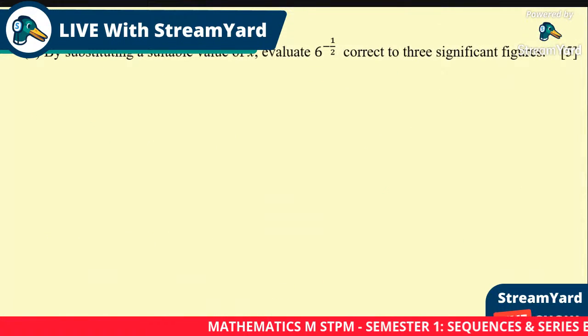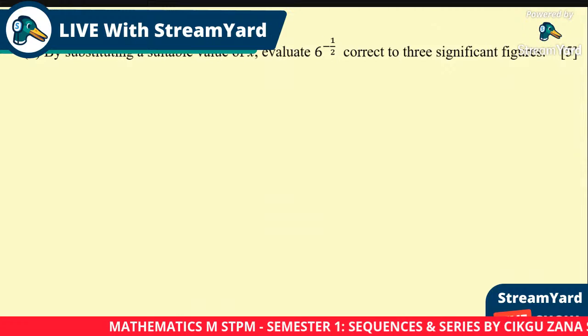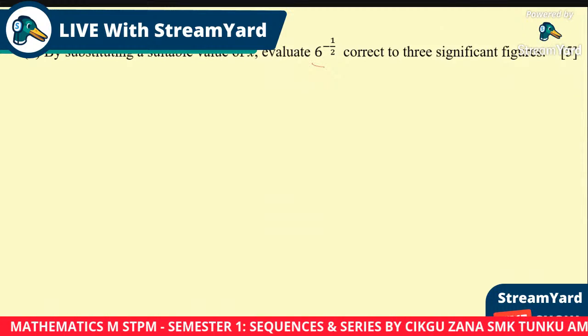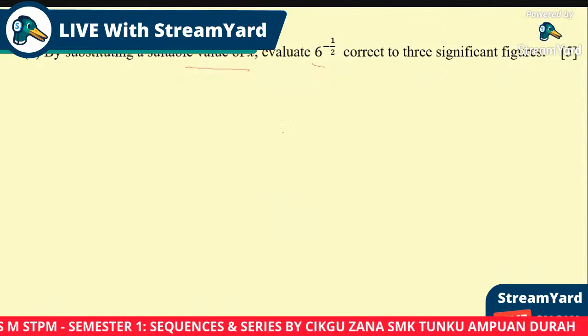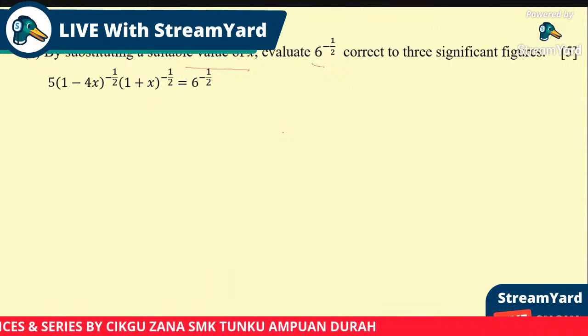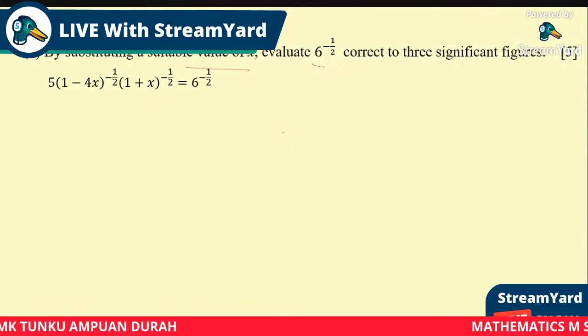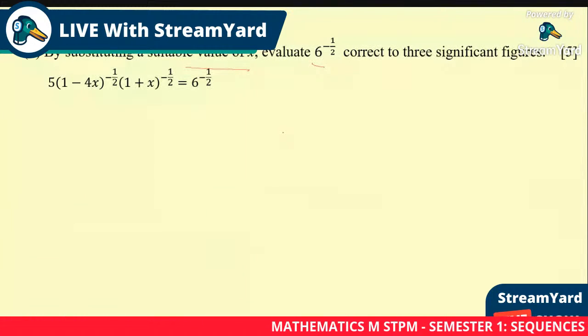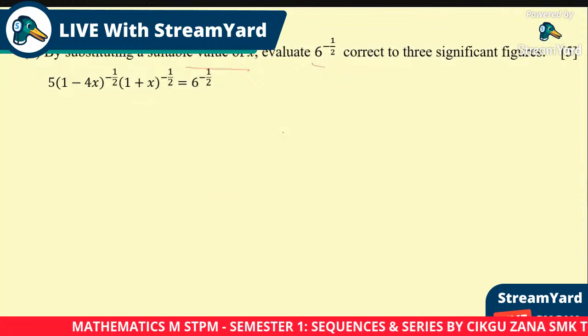Okay, I recall this back. Now, to find a suitable value of x, we equate this with 6. Starting must be correct. We equate the expression equals 6.